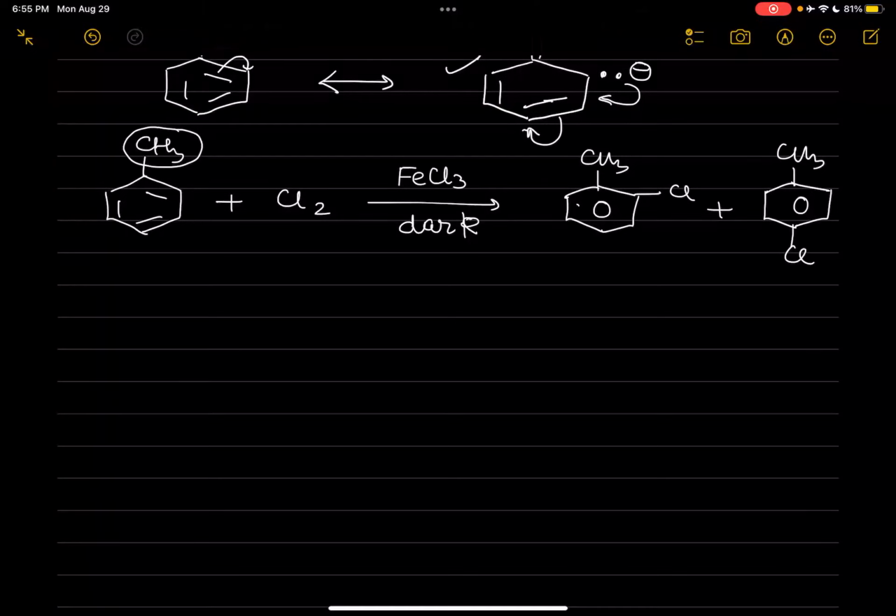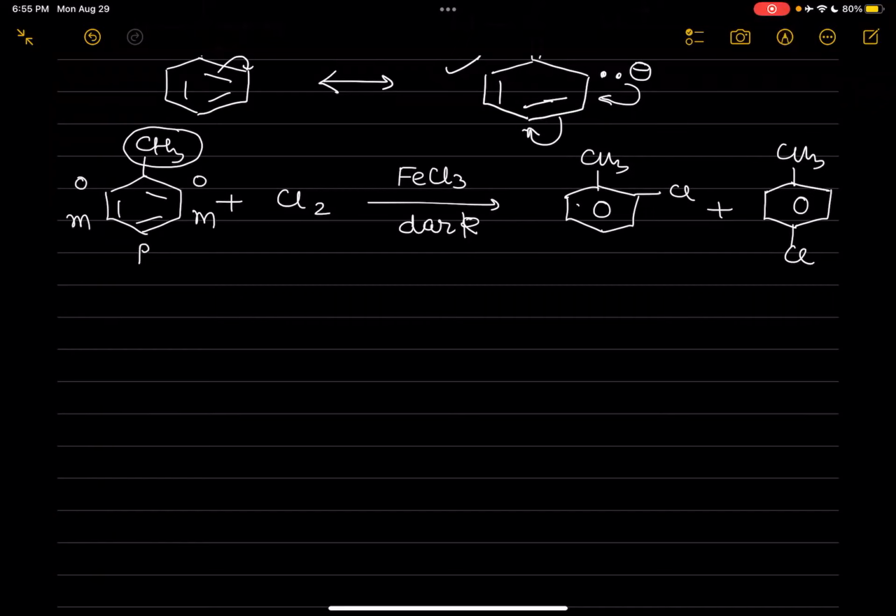Depending upon the group which is already present, the new group which you want to attach can come at ortho position, para position, or meta position with respect to the group which is already there. And that depends upon the group which is already present. Electron donating groups are ortho para directing.